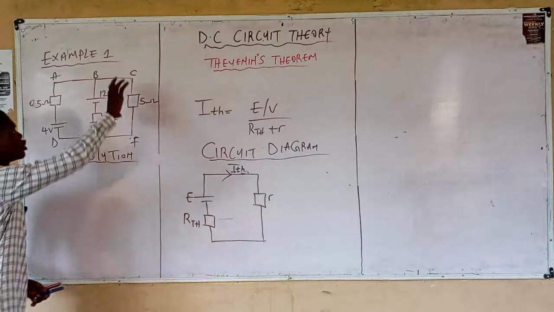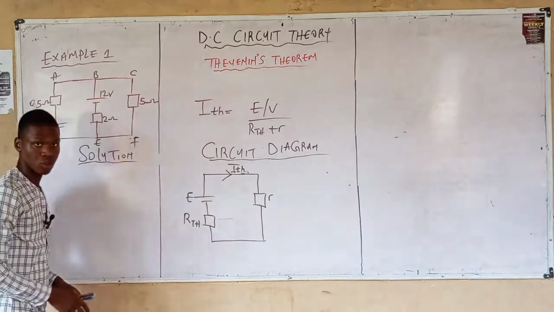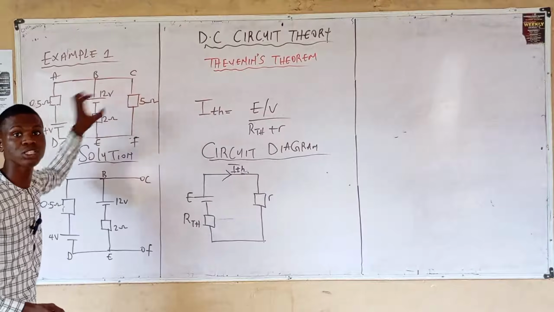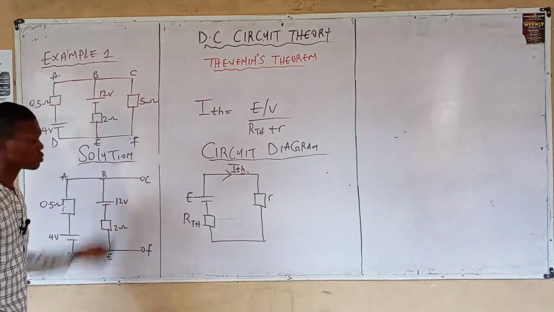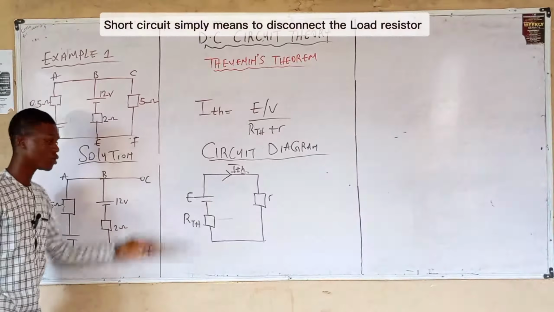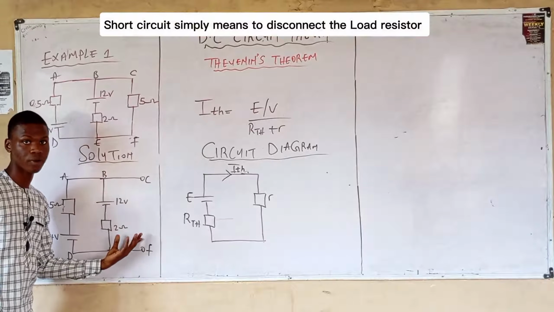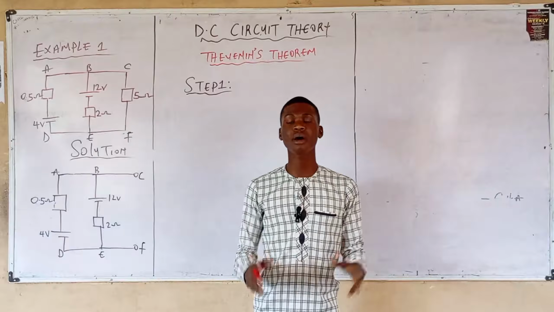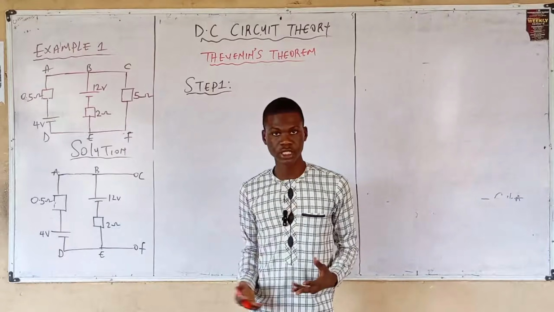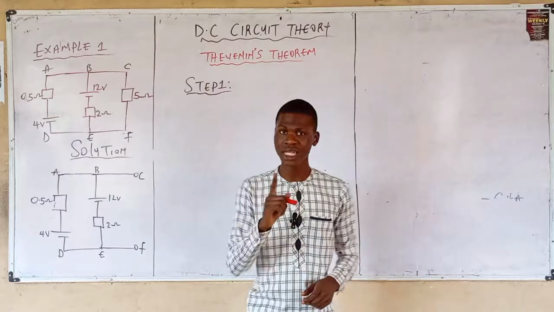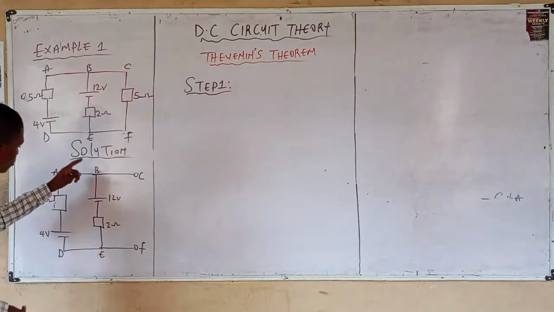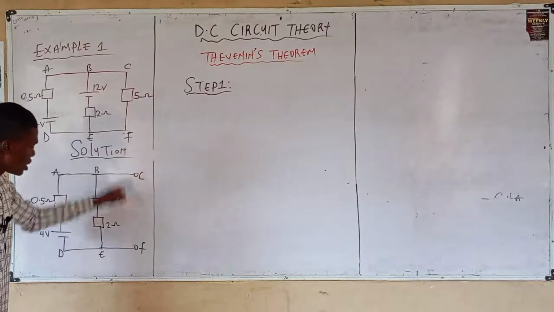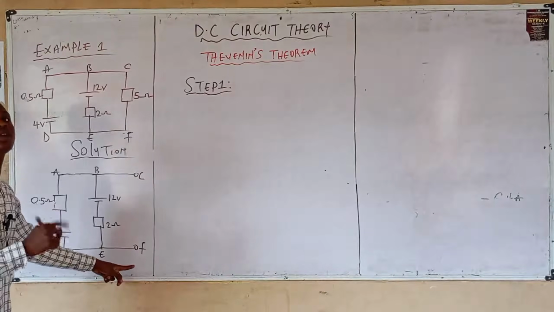Solution: short circuit the load resistor, meaning short circuit the resistor for which you are asked to calculate the current. By the time you short circuit, this will be your diagram, but you have to redraw the diagram. Take note of this. In a parallel circuit, the voltage must be the same. Meaning, in this circuit, branch AD, branch BE, and branch CF must be equal.